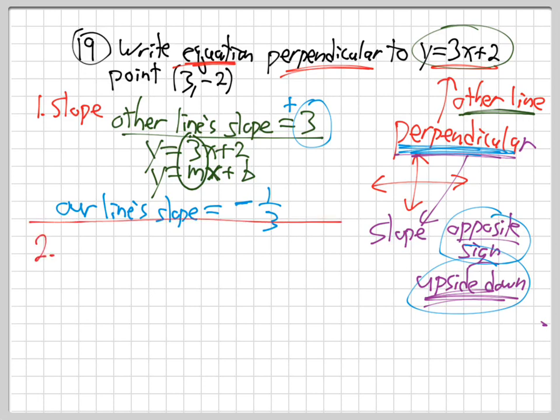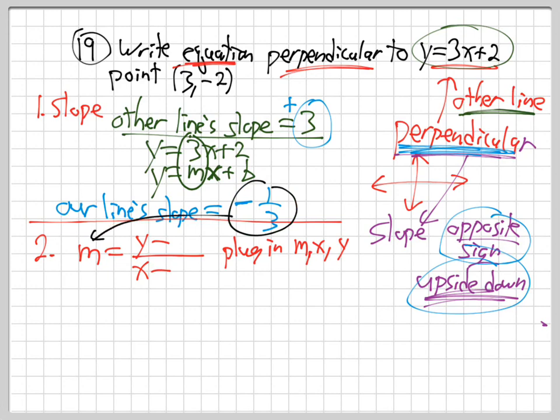So now that we got our slope, you know what to do. We write m equals y minus blank over x minus blank, and we plug in the x and the y and the slope. Plug in m, x, and y. And so there's the slope. What are we going to plug in for the x and the y? 3.